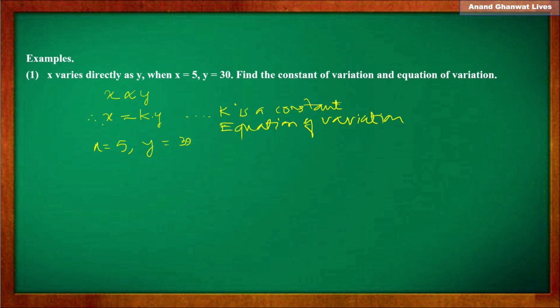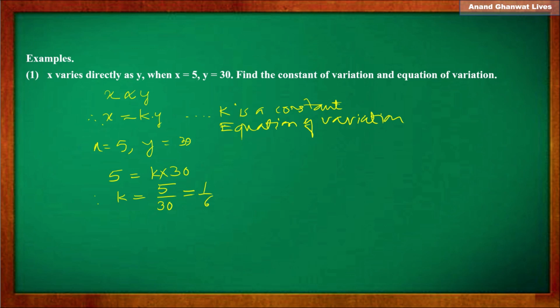So X is equal to 5, and it is equal to K into 30. Therefore K is equal to 5 upon 30, which is 1 upon 6. Now the value of K is 1 upon 6, so the constant of variation is 1 upon 6 here.